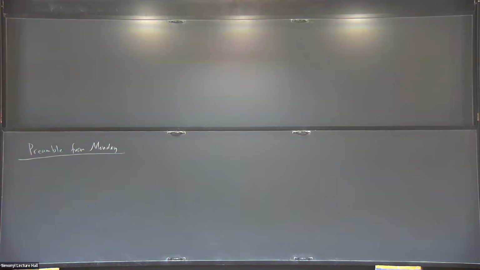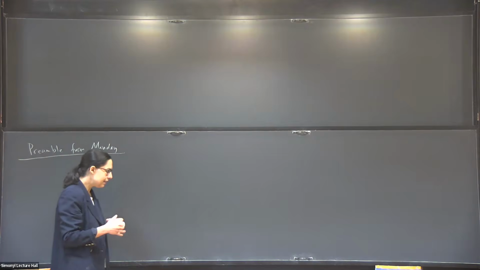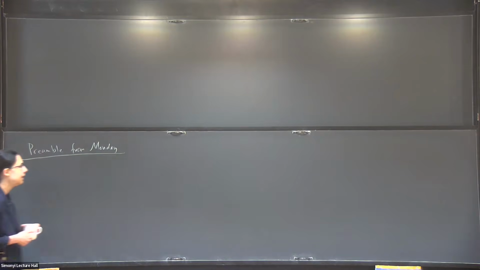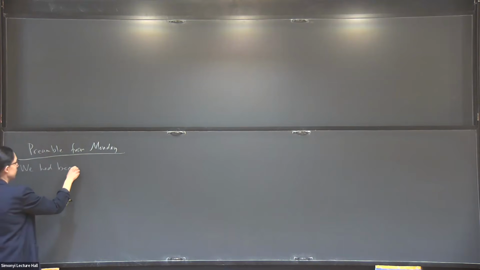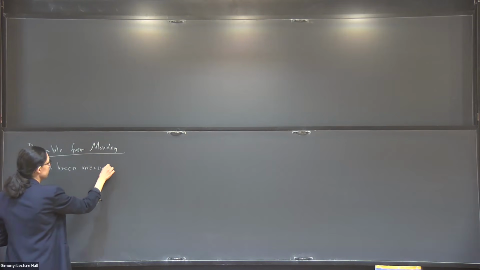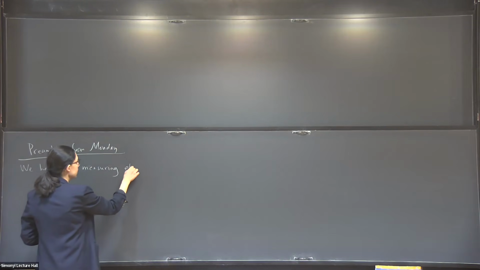We were talking about how to understand differences in complexity in classes of graphs, in general, first order theories. So we had been measuring elementary classes of graphs.